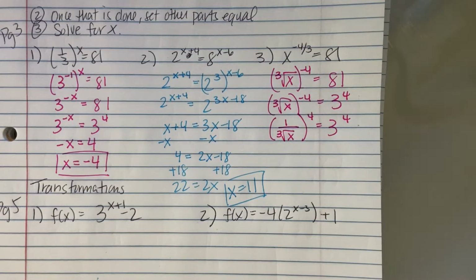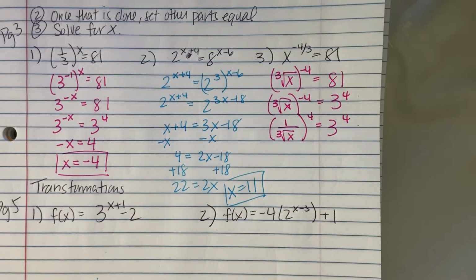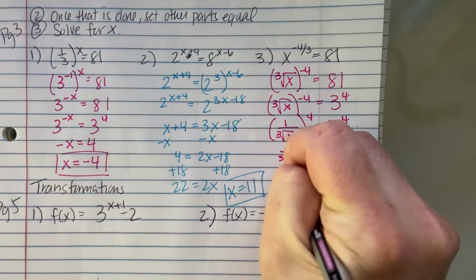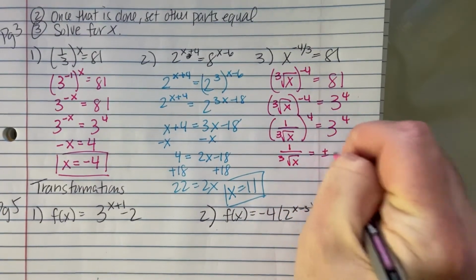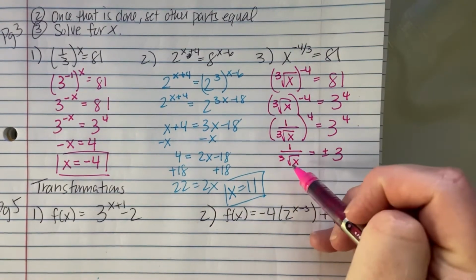Now, something that has to happen here, because this is an even root and there is an x involved in the equation, when I take the 4th root here, I need a plus or minus 3. That's just how it has to work, because negative and positive numbers raised to an even power are both positive. I would rather my x be in the numerator.